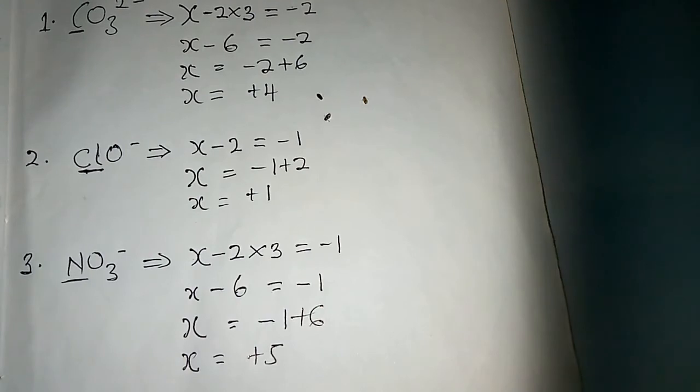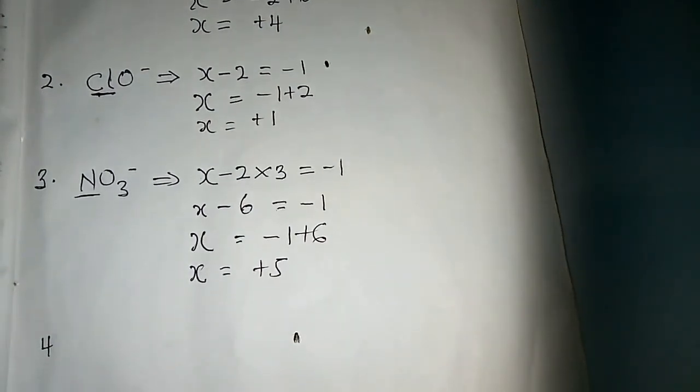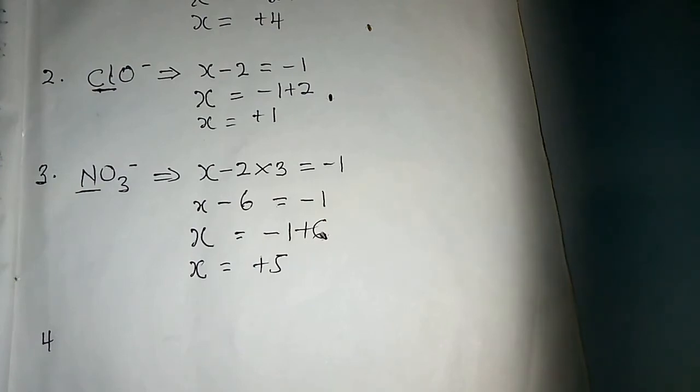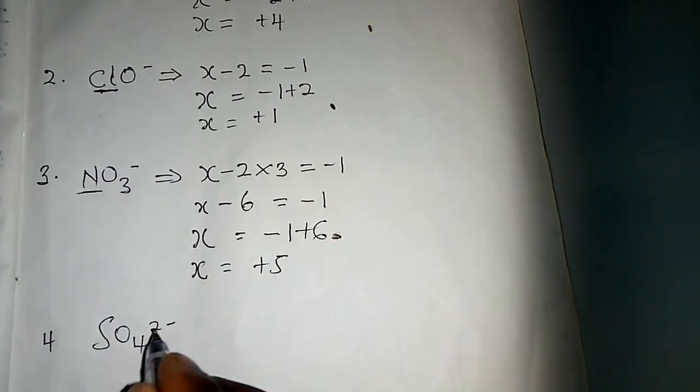Let's take our last example, and I know that this one will help us a lot. After this, everybody will be good to solve for the oxidation state of every element. All right, so you have SO4 2 minus.